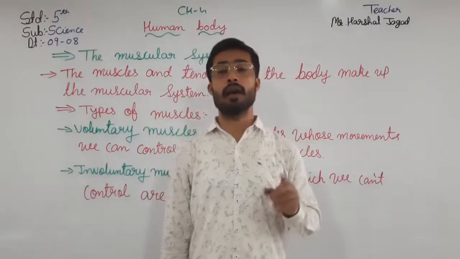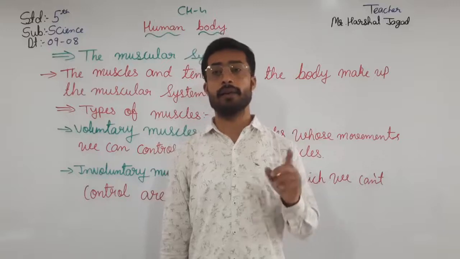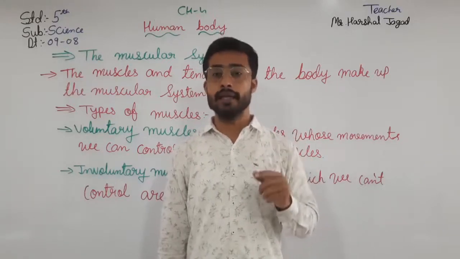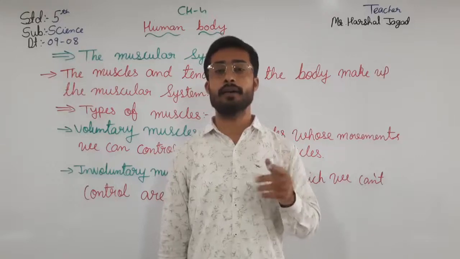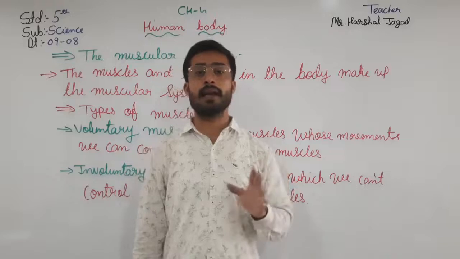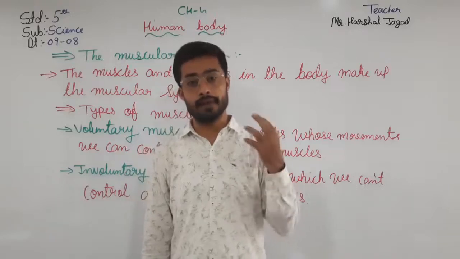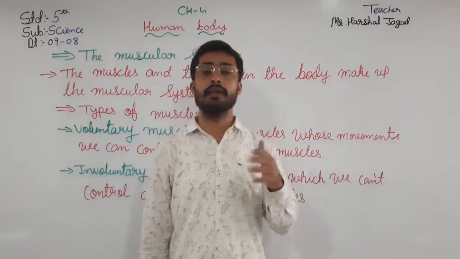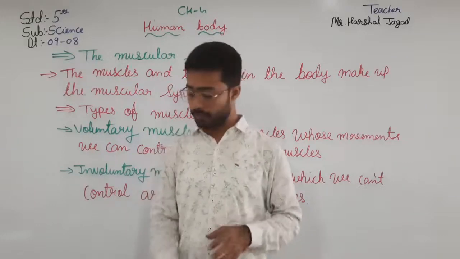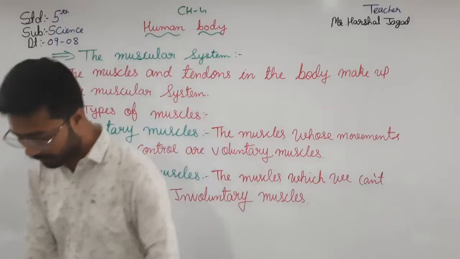All these are involuntary muscles. If they stop working, then we are dead. We can't live. They are involuntary muscles, and even if we are sleeping, these muscles are doing their work.